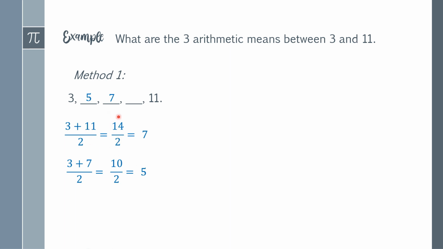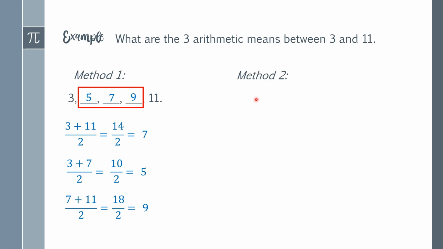Next, the missing term is between 7 and 11. So just get the average. So 7 plus 11 divided by 2. That is 18 divided by 2, and the answer is 9. So the number between 7 and 11 is 9. And these are our arithmetic means.